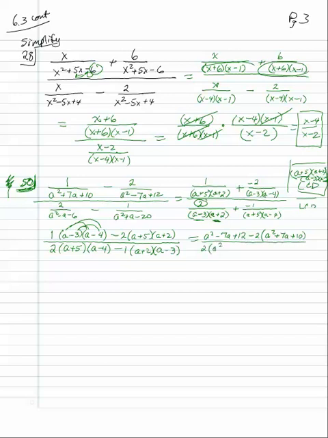A squared plus a minus 20, minus 1 times a squared minus a minus 6, so I distribute the negative 2, distribute 2 on the bottom, distribute the negative 1.